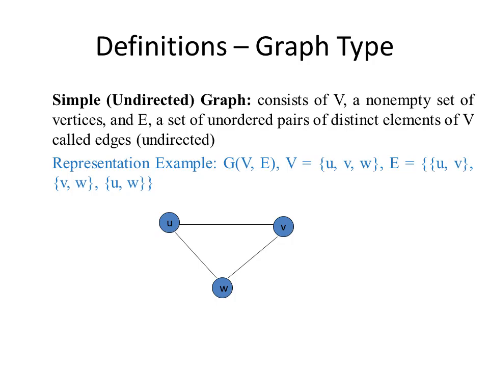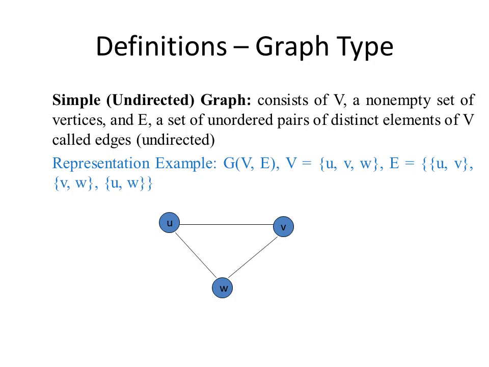Each vertex is connected by one edge. It is a set of unordered pairs of distinct elements of V, which is called undirected. So you can travel from U to V as well as V to U, and W to U as well as U to W.